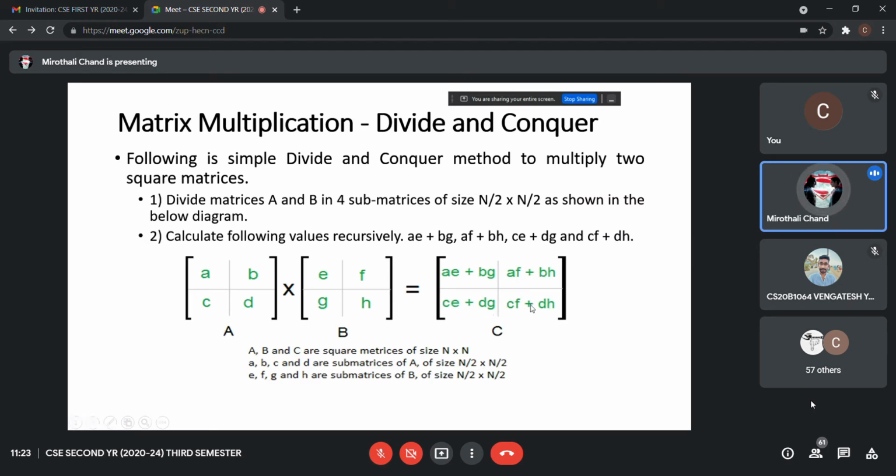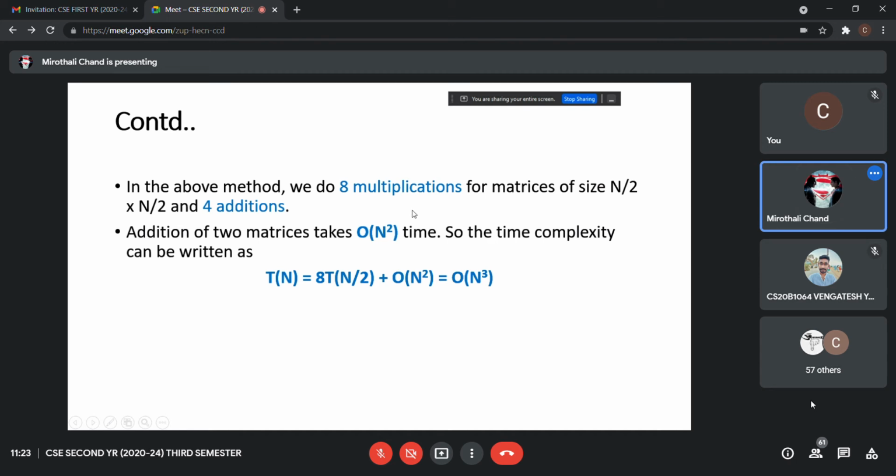Here addition 1, 2, 3. So totally 8 multiplication operations and 4 additions.